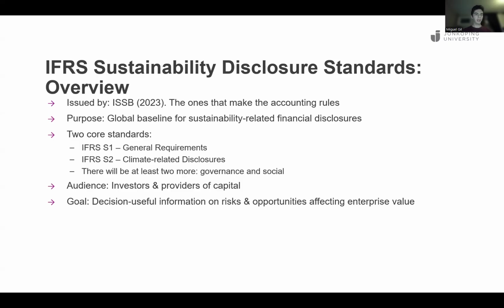The IFRS S, as I said, is issued by the International Sustainability Standards Board, which is part of the group that makes these international financial accounting standards. And the idea is to have a global framework to report on sustainability since IFRS is global.